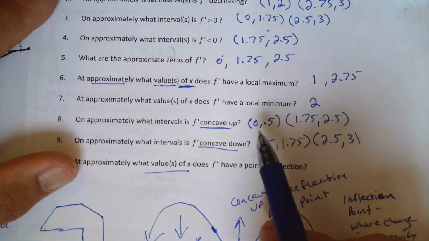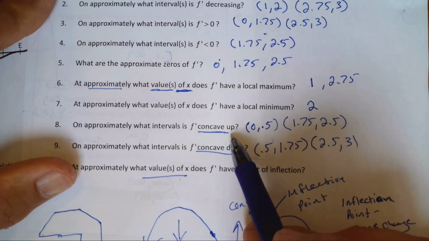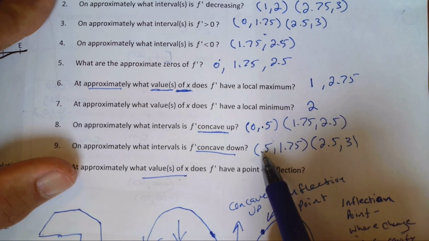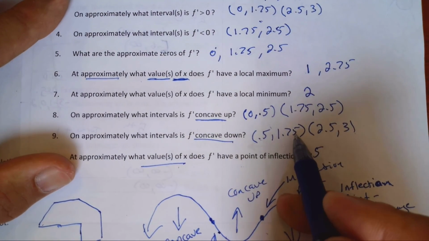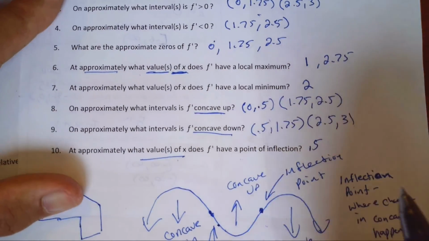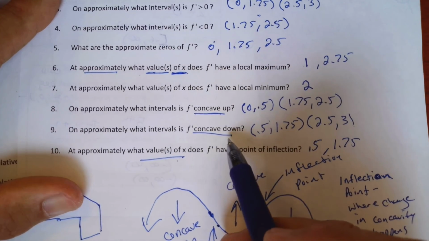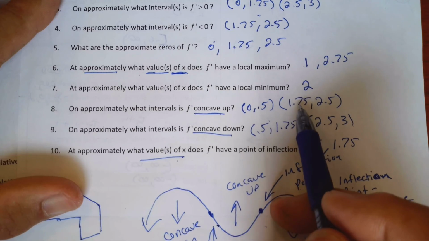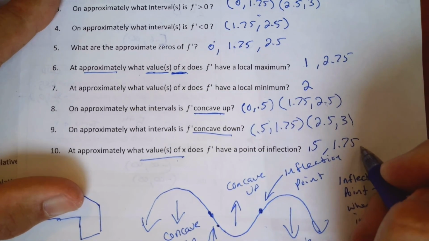And this is where we're using these same numbers, because remember, these were inflection points where it changed from concave up to concave down at 0.5. And then where did it change from going down to up? That was at 1.75. And then it starts going concave up again at 1.75, and it stops at 2.5.